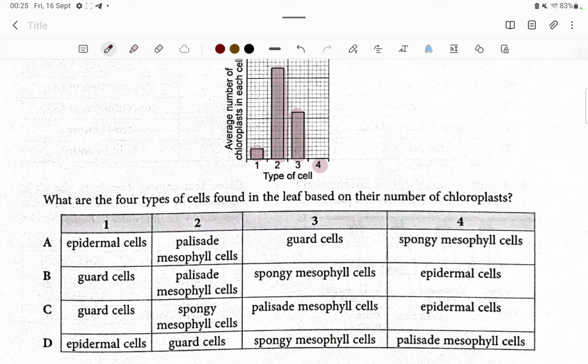The most one is always palisade mesophyll cells. And then after that, we write it from most to least.